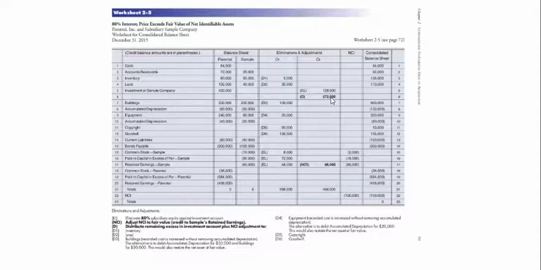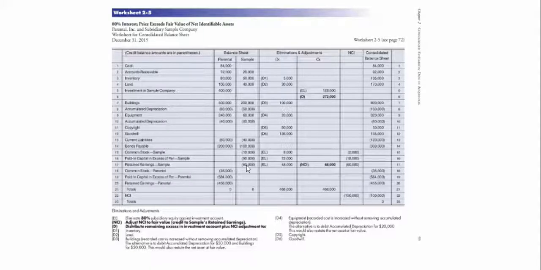But that 272 doesn't equal all the debits added up. Instead, we have to put the rest of it as the NCI. What that's doing is, we're seeing the increase here on our assets from the write-up, and then that 68,000 is also helping to show the part of the increase that we don't own.